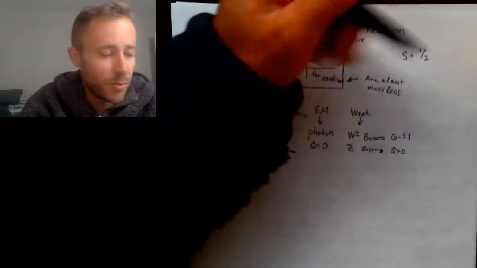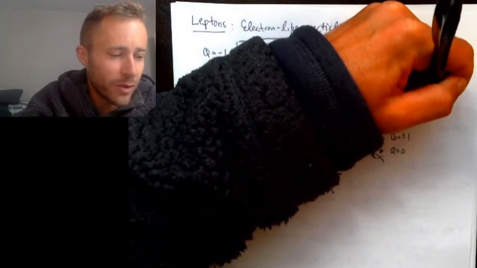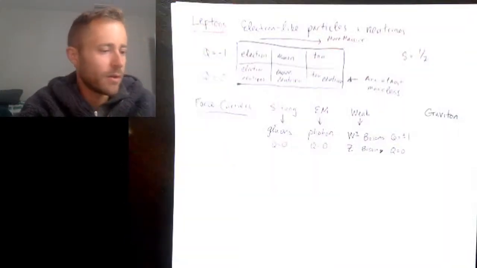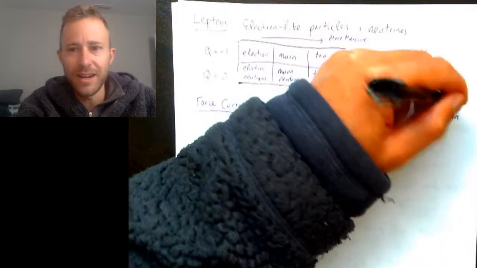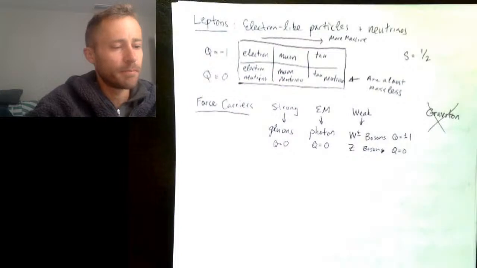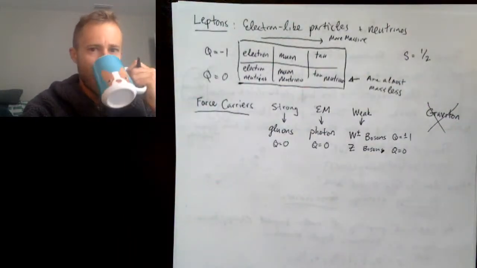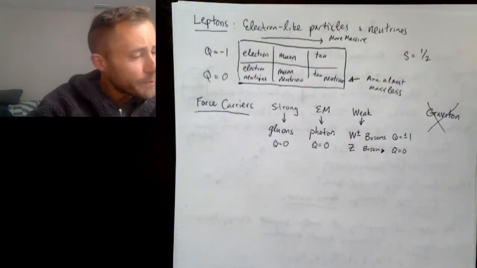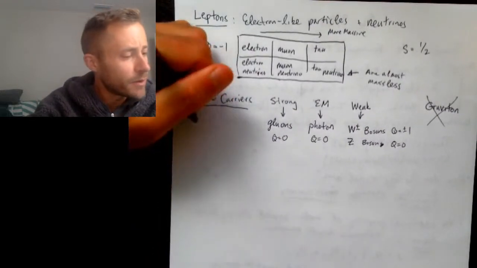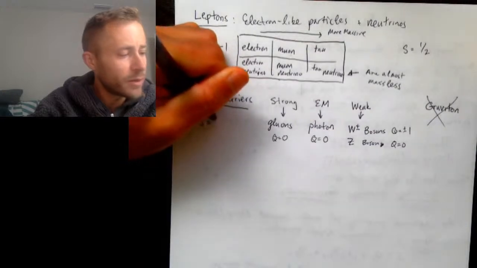We've never measured one before. But we call the force carrier of gravity the graviton. Okay? But again, that hasn't been discovered. It hasn't been confirmed. Oh, by the way, the force carriers have spin 1.